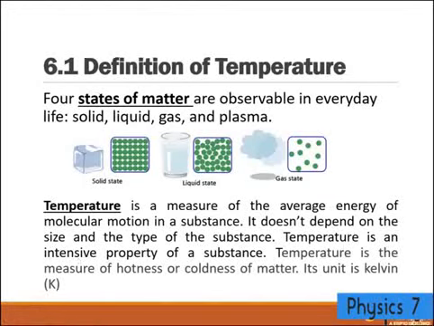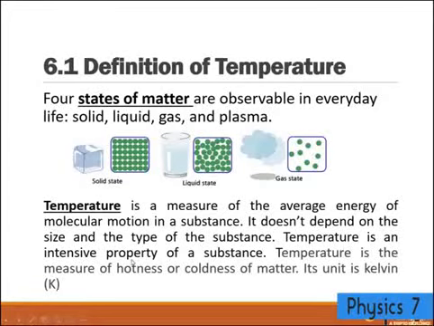Now, temperature is intensive, in the same way as pressure or density. For example, the temperature of a small cup of boiling water is the same as the temperature of a large pot of boiling water.